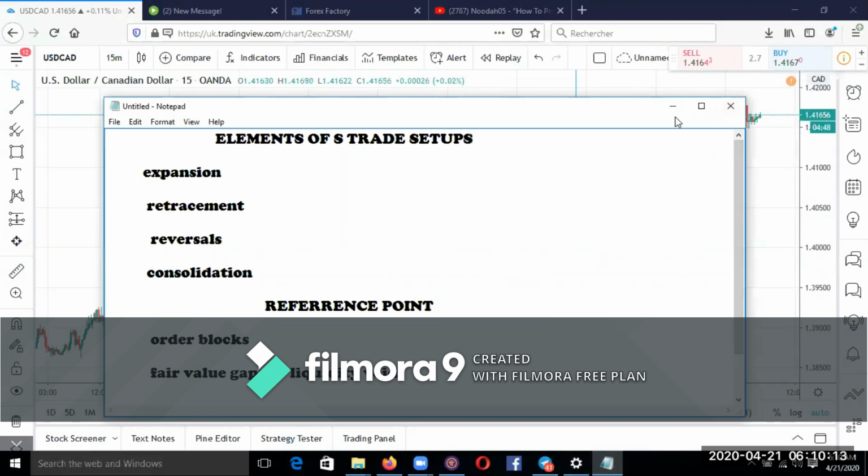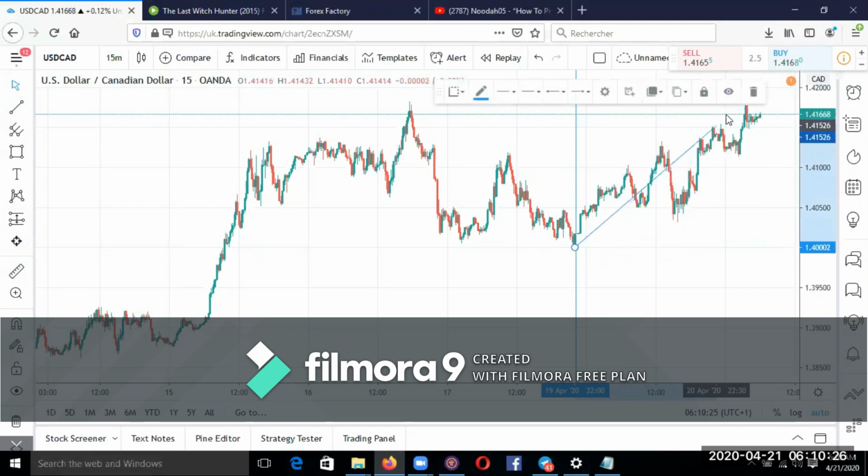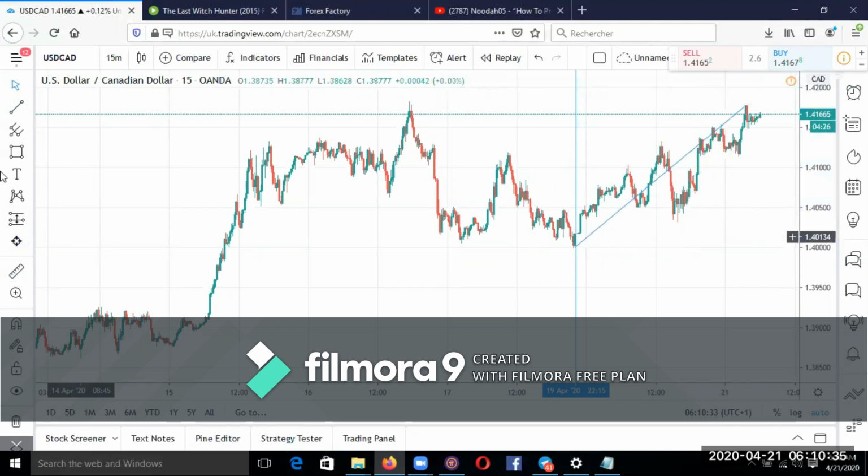Now, retracement. What is retracement? Unlike expansion, retracement is when, after you see the market expand, probably it drops. I'm going to take another trend line.